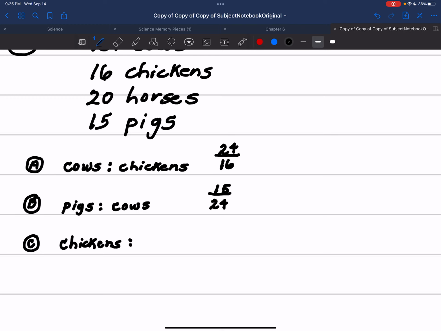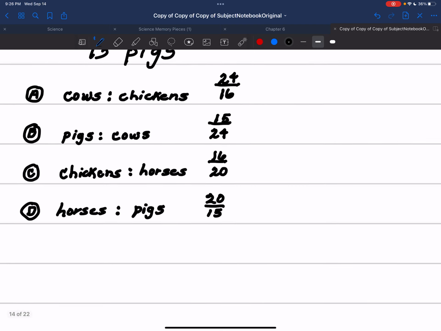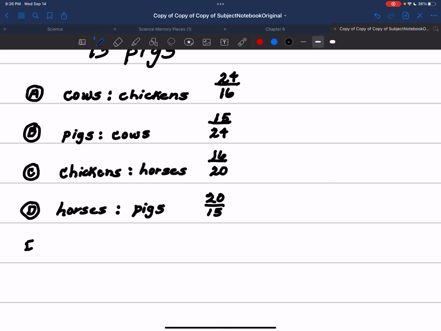Remember, a ratio only compares 2 at a time. So you have to read to figure out what the 2 are. So 16 to 20. D has us comparing horses to pigs. So we have 20 to 15. And then E has us comparing cows to pigs, 24 to 15.